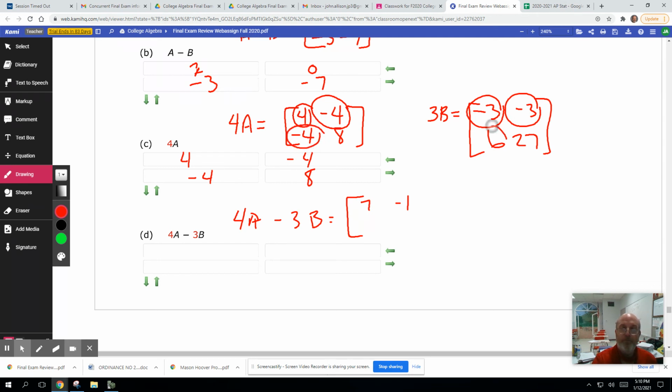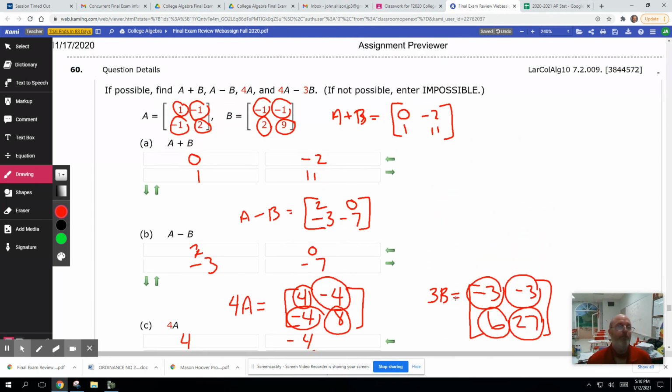Negative 4 minus 6 is going to be negative 10. And 8 minus 27 is going to be negative 19. So that's my matrix 4A minus 3B: 7, negative 1, negative 10, and negative 19. And that's how we do problem number 60.